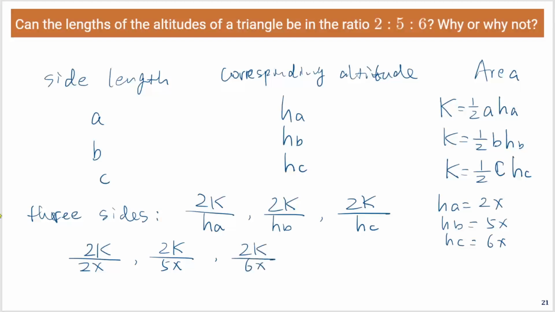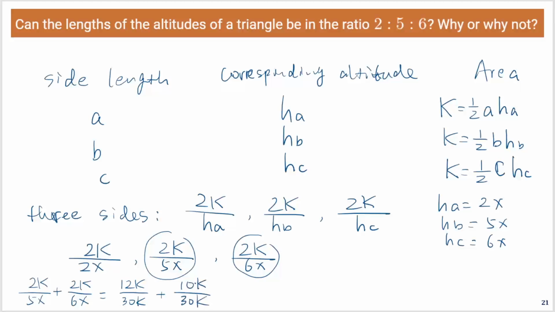Now, let's check if the sum of the smallest two sides is greater than the other one, because the smallest two sides are this one and this one, right? So if we sum them up, we get 12k over 30x, sorry about that, 10k over 30x plus 12k over 30x, and this actually gives us 22k over 30x, right?